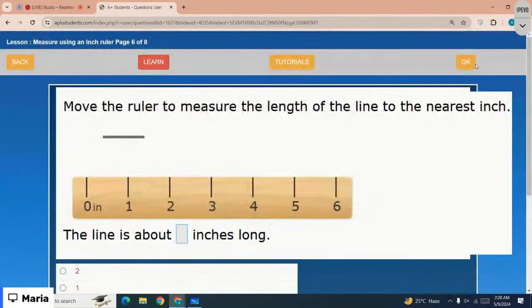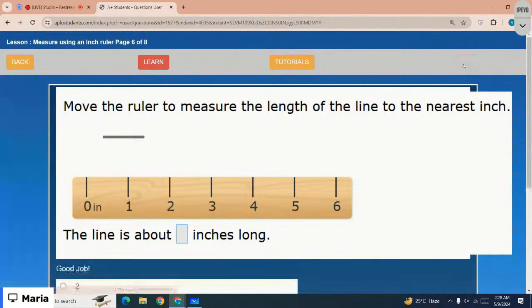Move the ruler to measure the length of the line to the nearest inch. So, which is the correct option? The correct option is 1. Just write the answers once. Stop spamming.